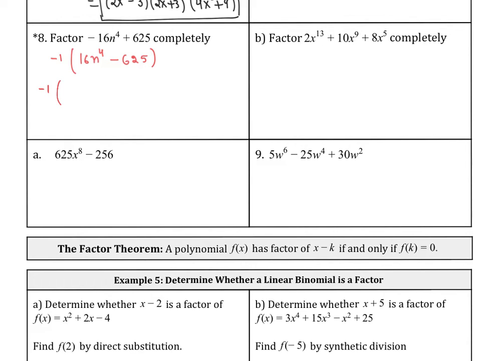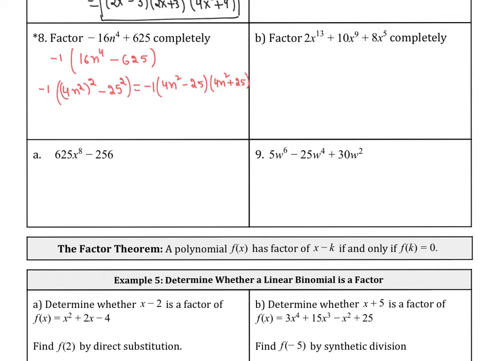So that's going to be 4n squared, all squared, minus 25 squared. And you're going to apply the a squared minus b squared formula, so (a minus b) times (a plus b).